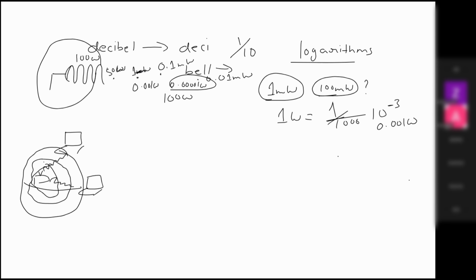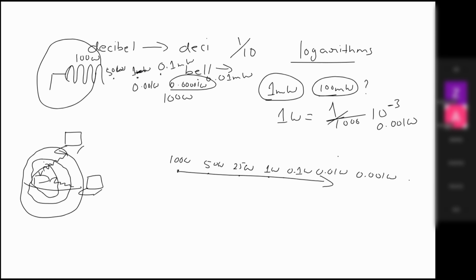The reason why we are changing it is that as the distance increases, as the radiation is passing, the signal will decrease exponentially. If it is 100 watts here, it will be 50 watts at this point. If it travels maybe one foot away, then it might be 25 watts. And then maybe 1 watt, then 0.1 watt, 0.01 watt, 0.001 watt.